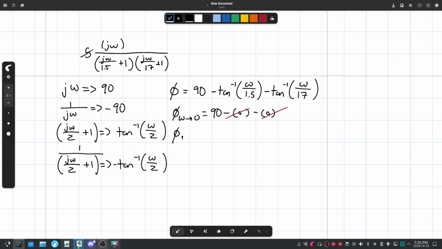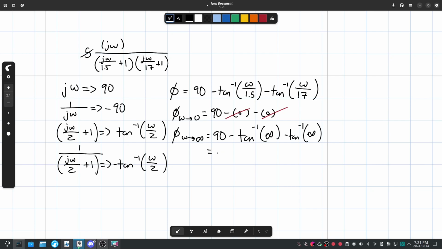What about when it approaches infinity? We're just testing the ends of the graph. So we're testing if we're going towards 0, what is the phase going to be? If we're going to infinity, what is the phase going to be? That's all we're asking here. So this is going to be 90 minus tangent inverse of infinity minus tangent inverse of infinity.